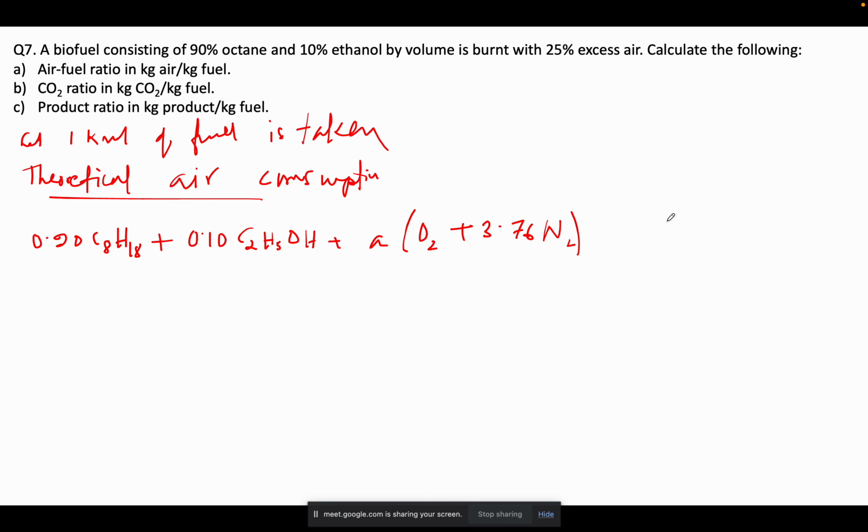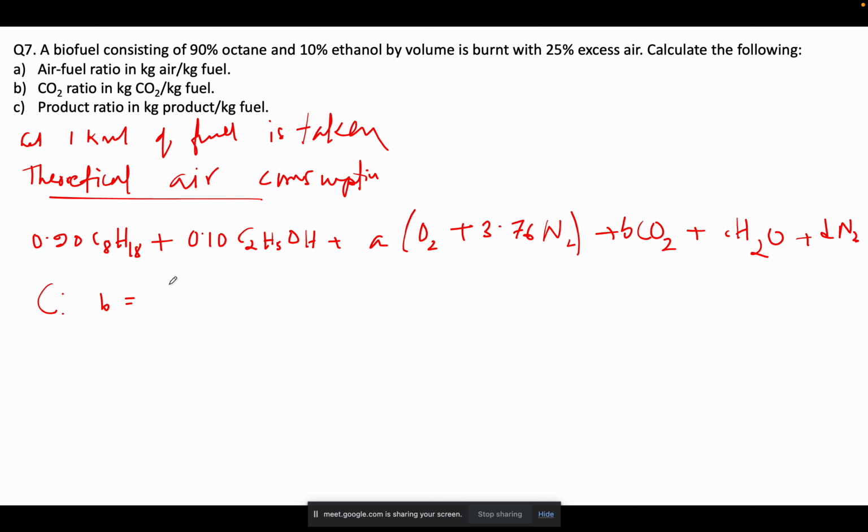Okay, and this will give you B CO2 plus C H2O and D N2.